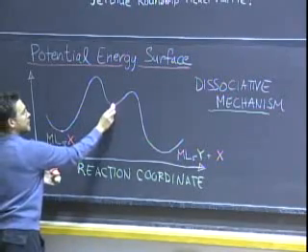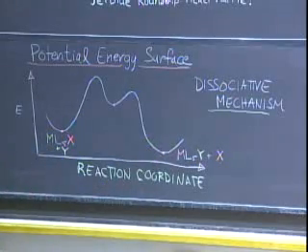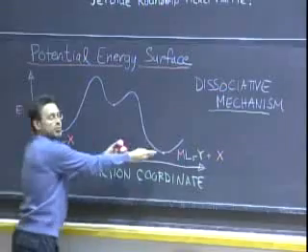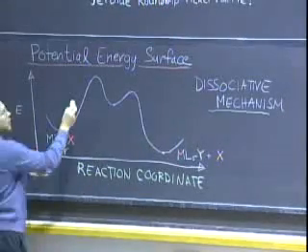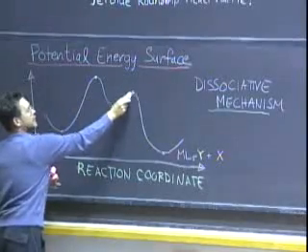Okay? One thing that you're going to be interested in distinguishing between on potential energy diagrams will be potential energy minima, because these potential energy minima that I've just colored in correspond to starting materials, products, or intermediates. And then alternatively, you can have potential energy maxima on the potential energy surface.